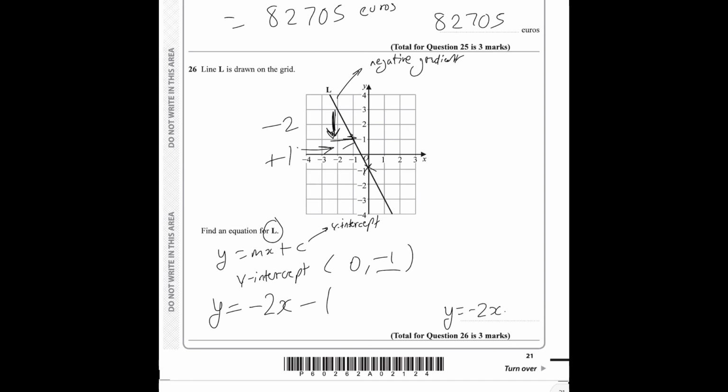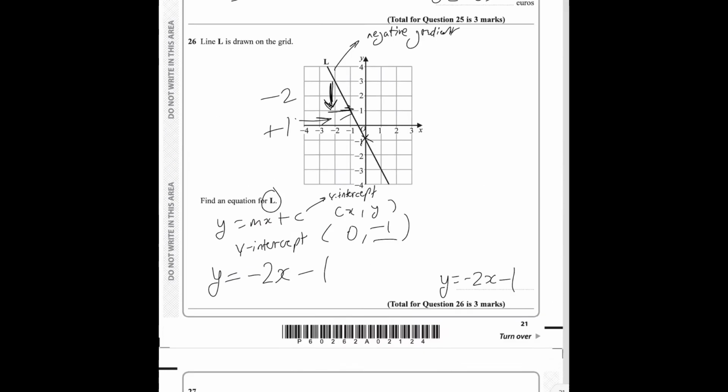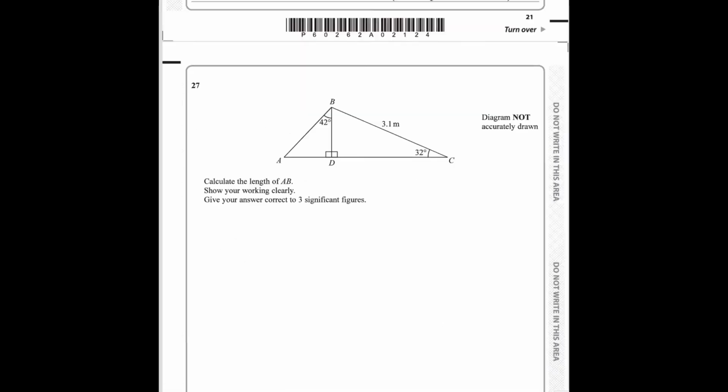Put your y-intercept there as well. So y equals -2x minus 1. Now that we know that's our answer, let's move on.